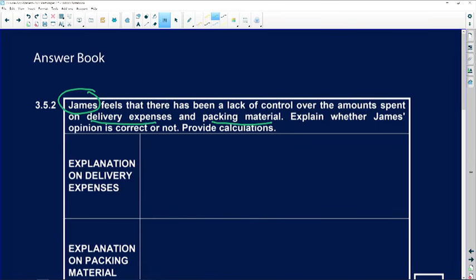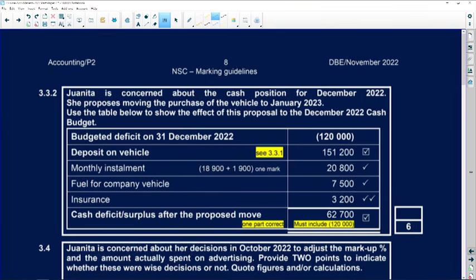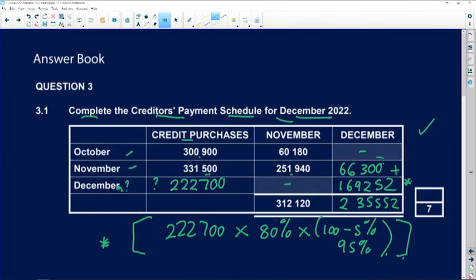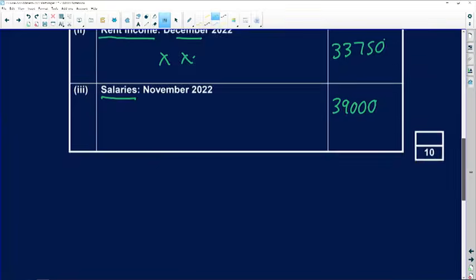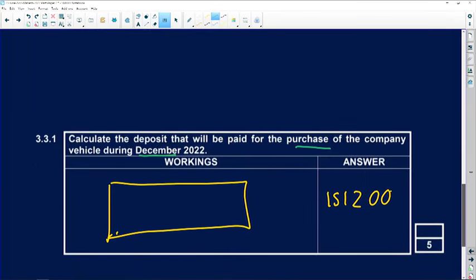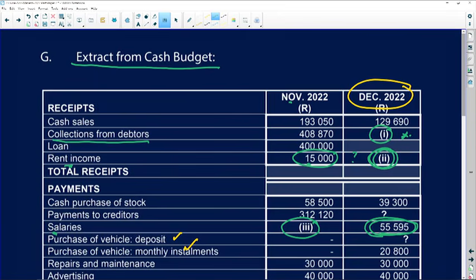Explain whether James' opinion is correct or not. Provide calculations. So let's look at the delivery expense as well as packing material. Back to November's budget, because that's what the question referred us to. It's one more page.